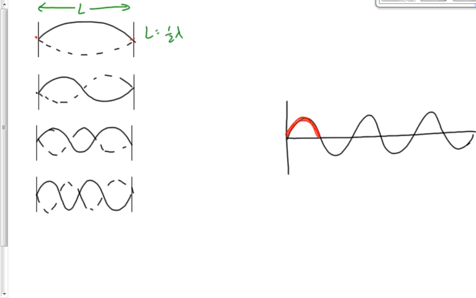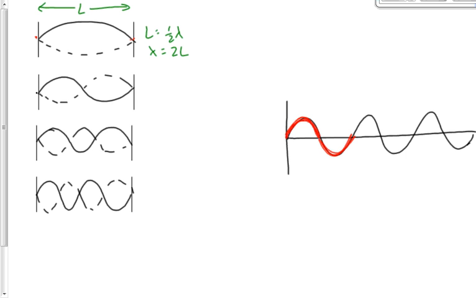Now I'm going to rearrange that to solve for lambda, because ultimately that's what I want. Lambda is equal to 2 times L. It's just easier to do it in terms of L first. L is equal to 1/2 of lambda, and then to rearrange it. Next one. We're going from the start up through here, down through here, all the way to here.